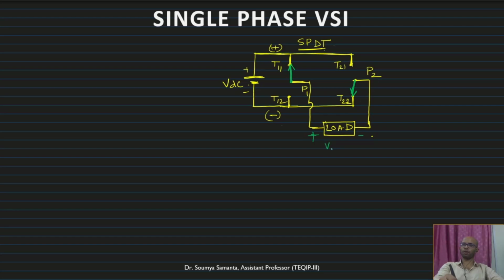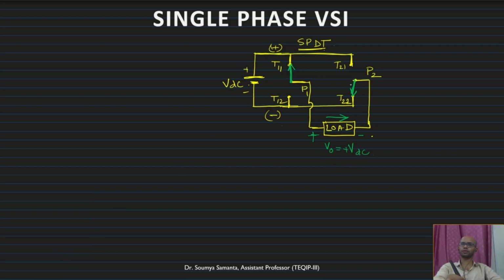What is the V load voltage? V output. What is the output voltage we will get? Because the direction of the current will be this one. This is the direction of the current at present. For simplicity, let us understand the load is resistive load. If the load is resistive load, then this is the current. Now what is the voltage? This is plus VDC we will get. Okay.